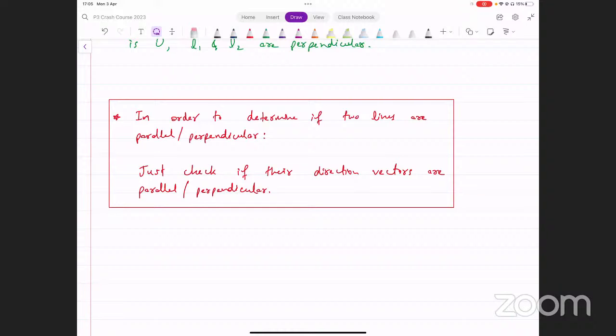Now let's move on and discuss the concept of points of intersection of two lines. Okay, now let's actually continue with this tomorrow, inshallah.